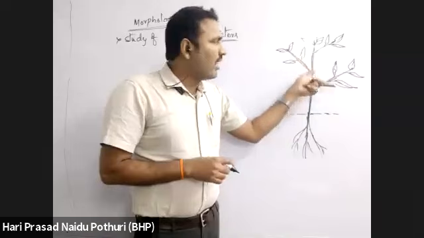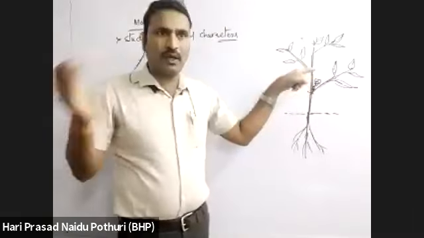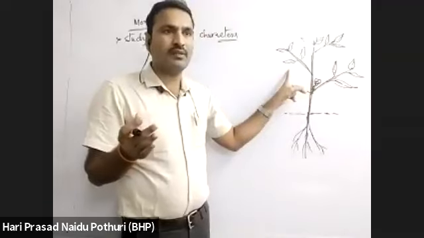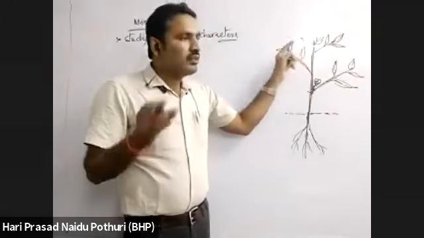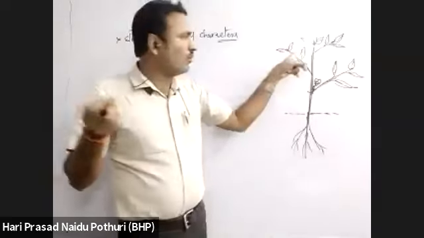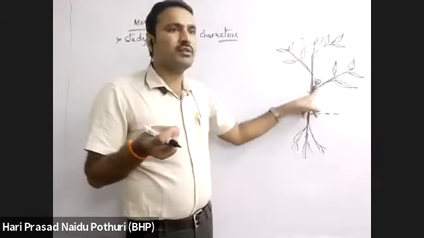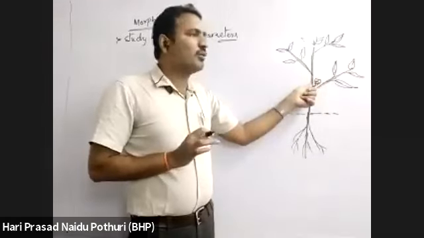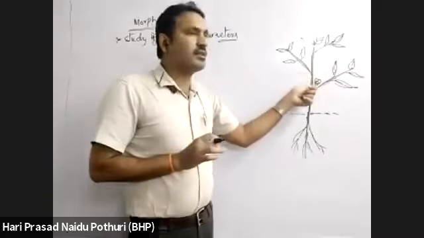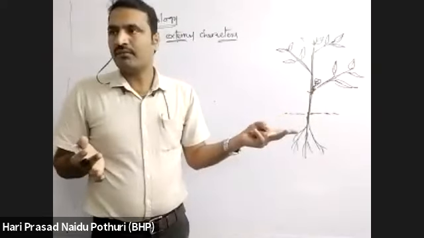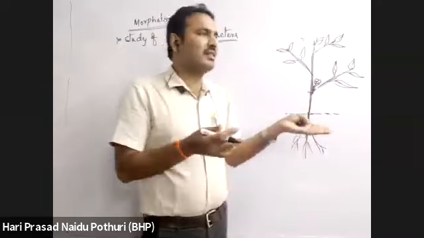The arrangement of leaves is different in different plants, and branching is also different in different plants. Then there are modified leaves, called what? Flowers. Flowers are nothing but modified leaves. All flowers may not have similar properties in all plants. Floral symmetry is different.